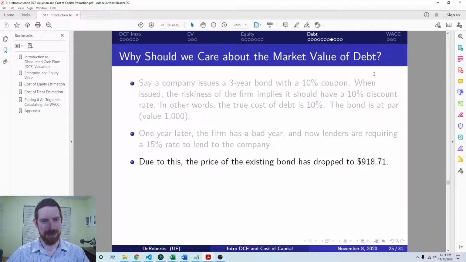And that's reflecting that if someone buys a new bond that the company issues, they would earn a 15% rate of interest. But if they buy this existing bond, they would only earn a 10% rate of interest, less than the rate which would now be offered by the company. And so they should not be willing to pay as much for that when a new bond would cost $1,000.